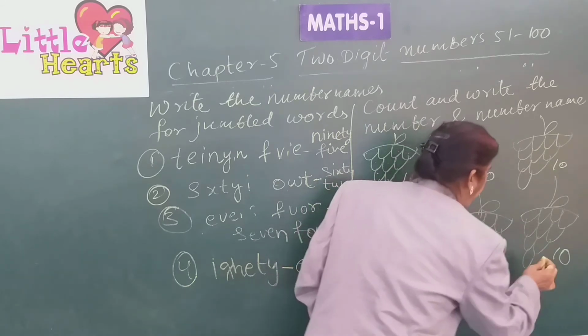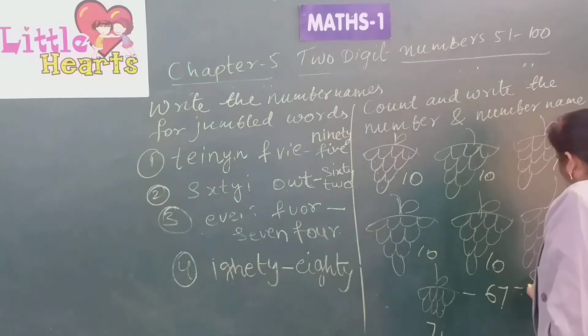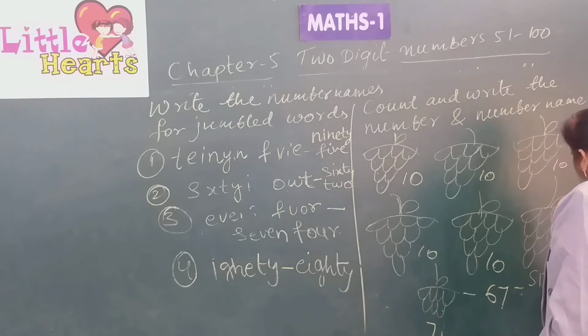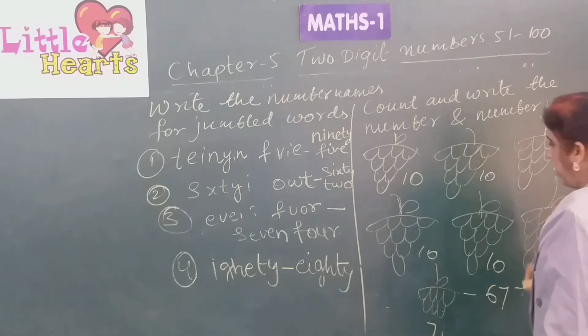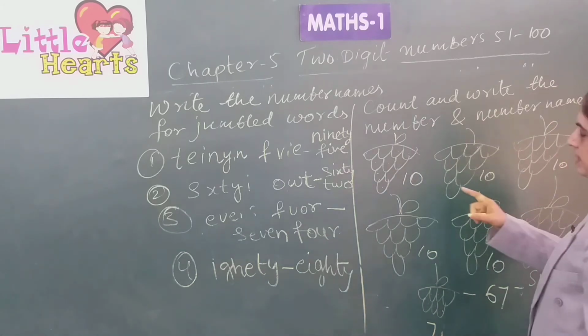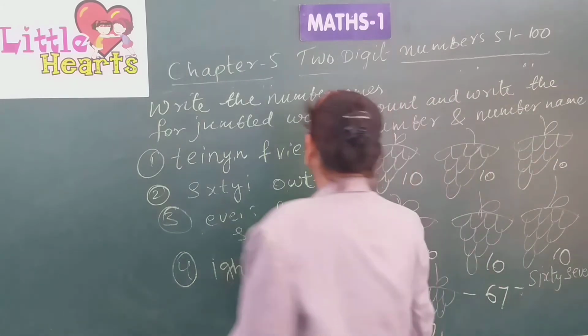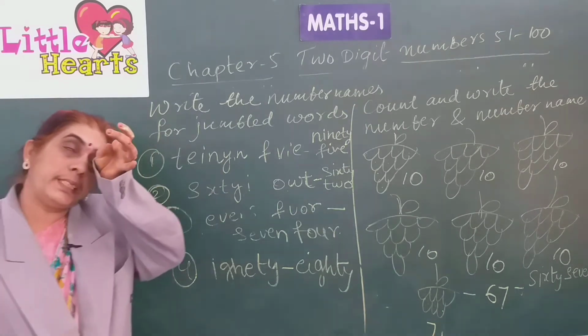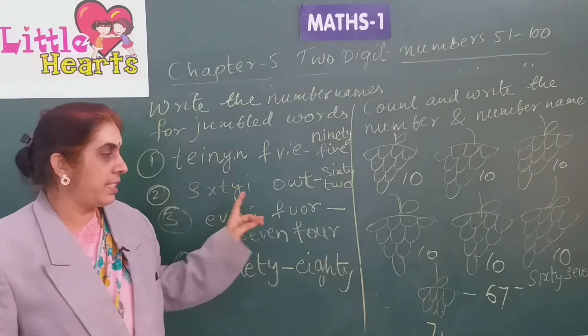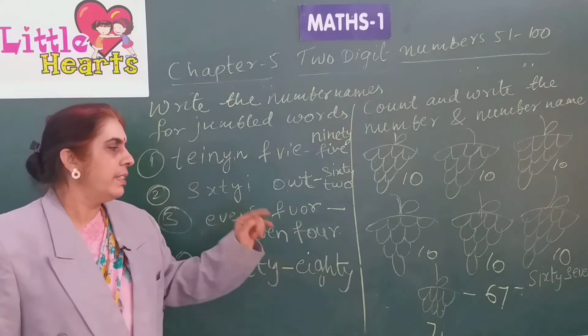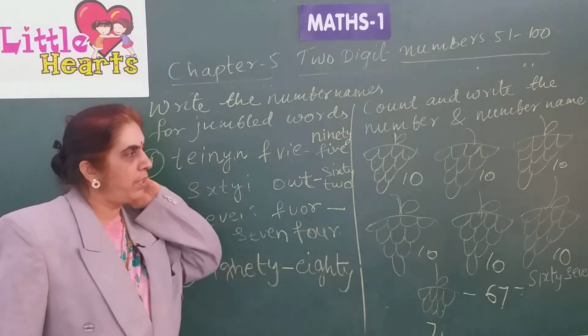The number name is SIXTY SEVEN, 67. In this way, 6 groups of 10 plus 7 more is 67.